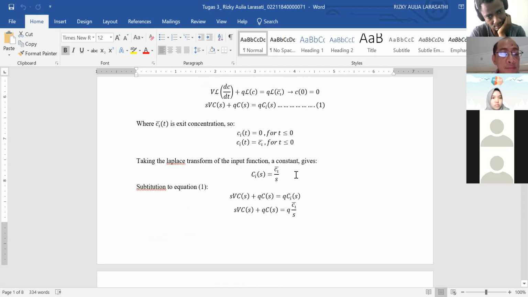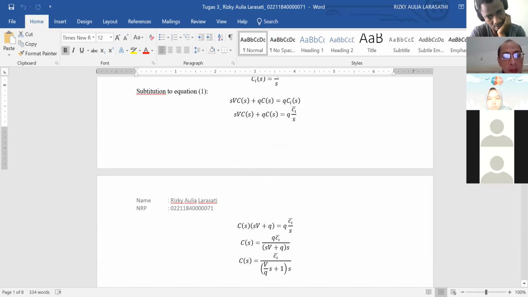So, substituting this equation into equation 1, we have sVC(s) plus QC(s) equals QC_e(s), so that becomes sVC(s) plus QC(s) equals QC_e per s.